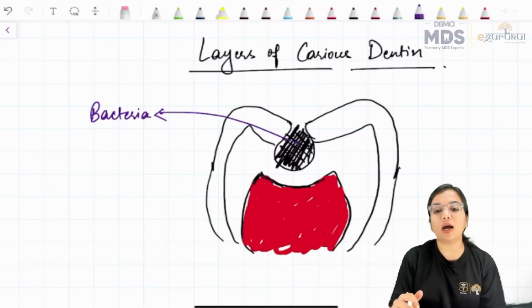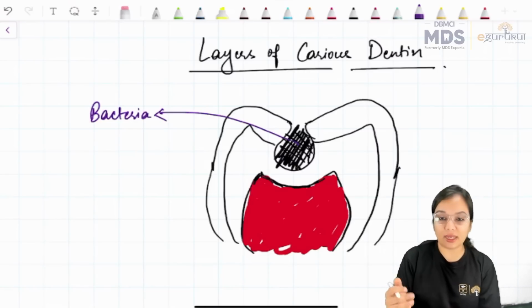Then we have an outer carious dentine and an inner carious dentine.